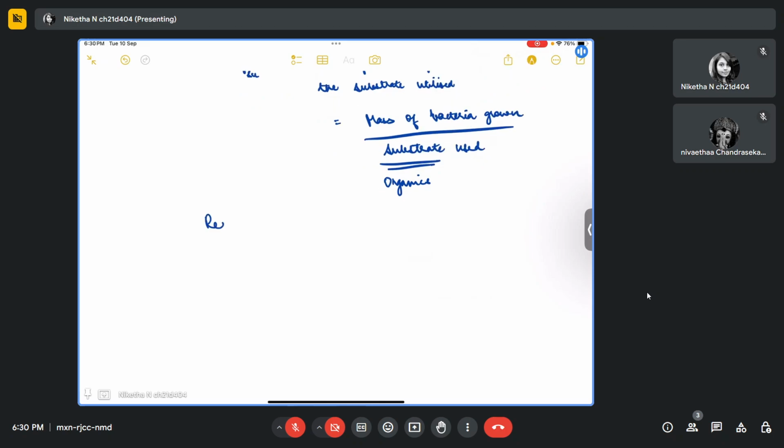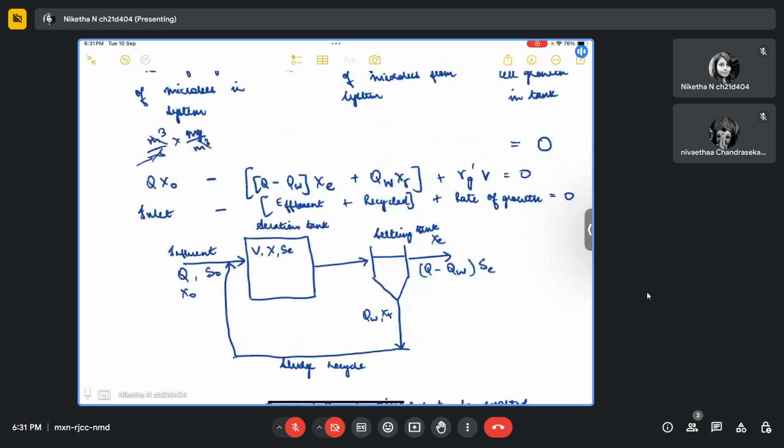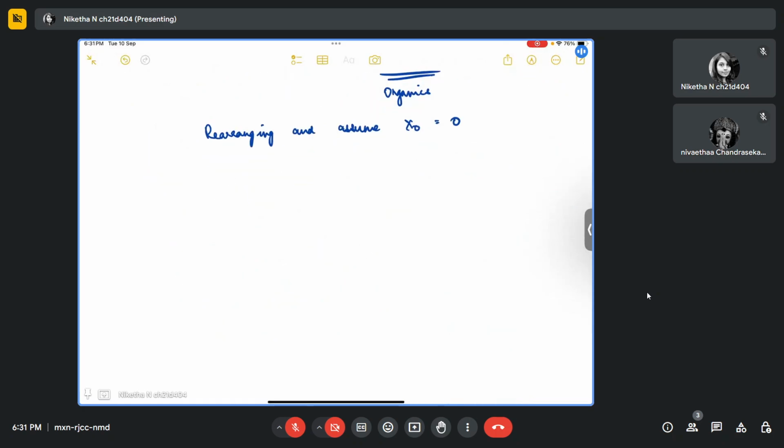So when we rearrange this equation and assume that X naught equals 0, meaning the initial microbial concentration is 0, then we get this term: Q by V into Y by X into (S naught minus Se) equals (Q minus QW) into Xe.